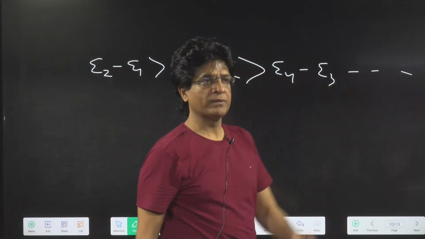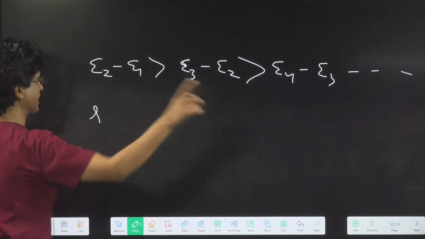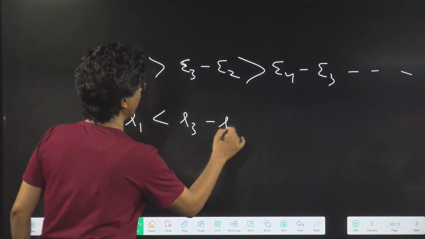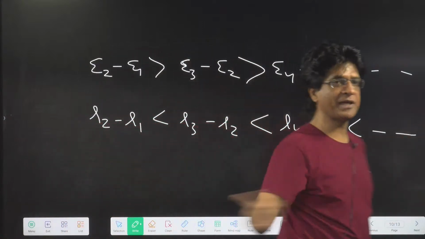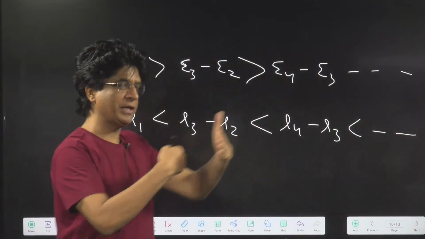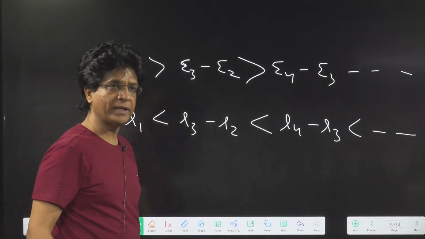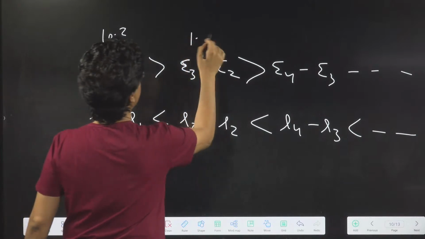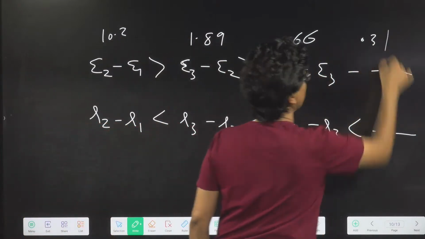The energy gap keeps on decreasing, but with respect to radius, R2 minus R1 is less than R3 minus R2 is less than R4 minus R3. Remember that from the last lecture? The gap between consecutive radii keeps on increasing, but the energy gap keeps on decreasing. This is 10.2, this is 1.89, this is 0.66, 0.31, and so on.